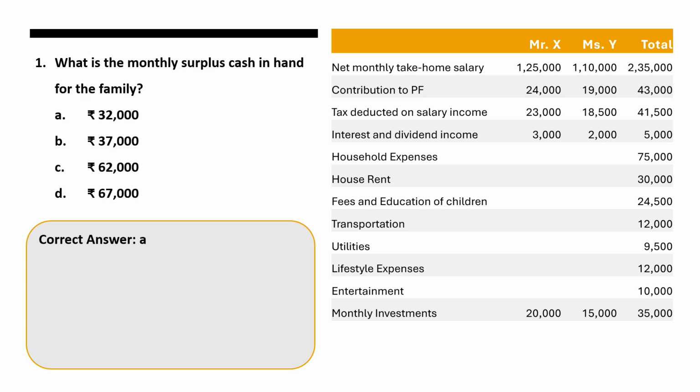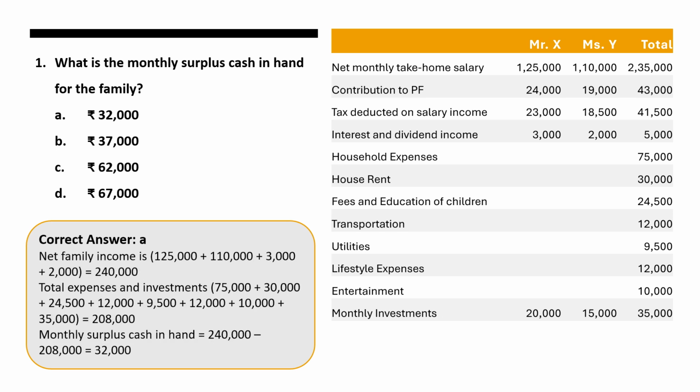And how we got this 32,000? So the calculation is like this. First we have to find out what is the net family income, which is 1,25,000 for Mr. X, 1,10,000 for Miss Y, and then to this we are adding the interest and dividend income.